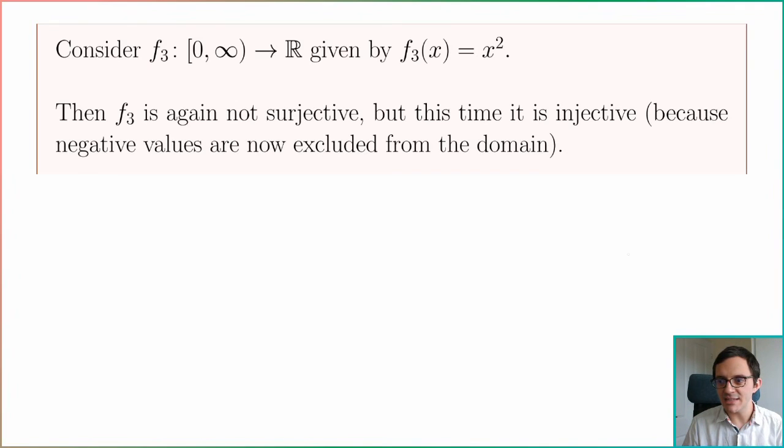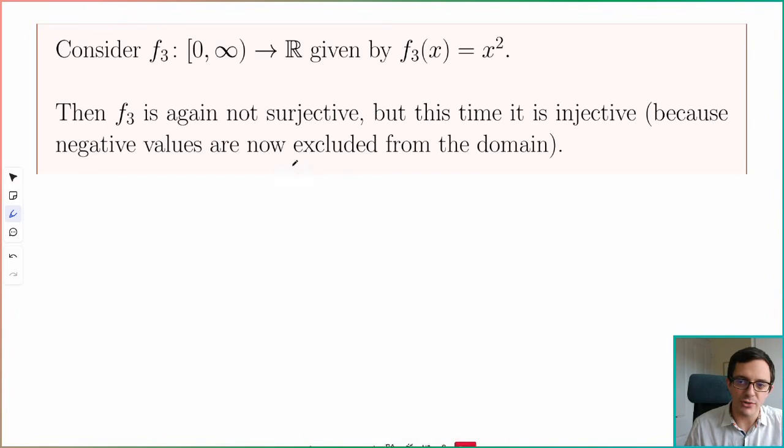But this time it is injective because I have, slightly clumsily, restricted the domain of the function so that I've got a unique value for each of the values in the image. Let's say it again. I've got a unique value of the pre-image for each value in the image.